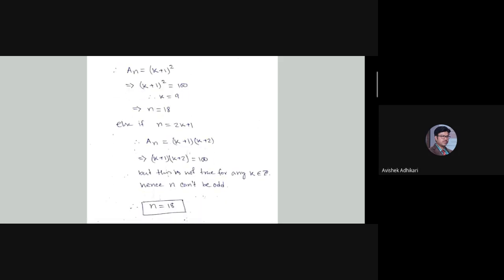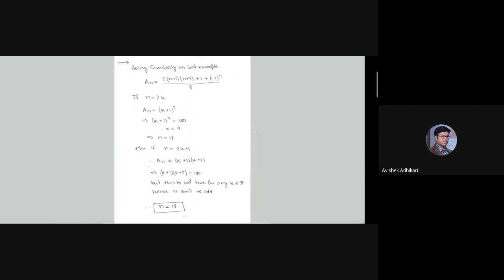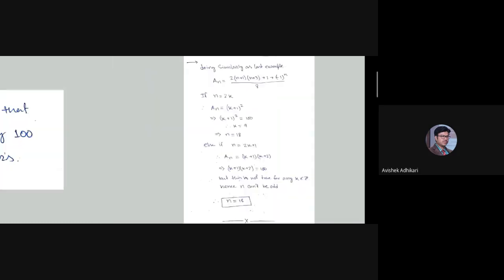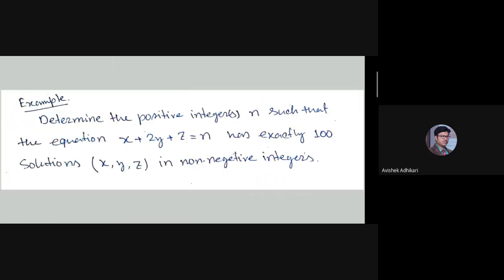But this is not true for any integer k, hence n can't be odd. So n has only one choice, which is 18. So the equation x plus 2y plus z equals n has exactly 100 solutions if n equals 18.